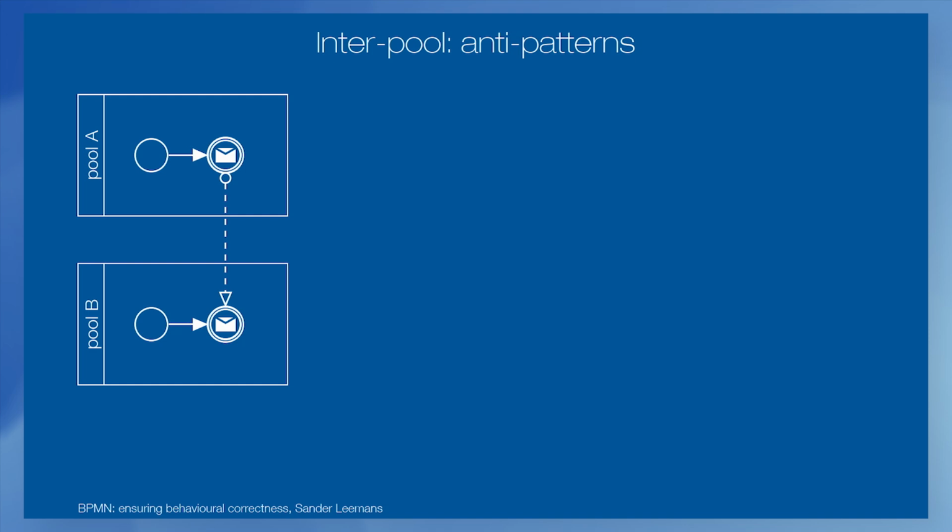And if that is pool A, then pool A at least sends the first message, but pool B doesn't know yet that a new process instance has to be started. So pool B isn't waiting for this message and nothing is going to happen. So if you see empty start events in more than one pool, that should be a big red flag.